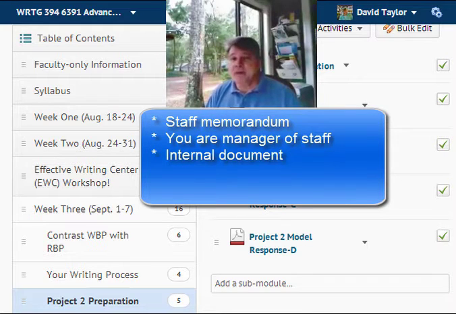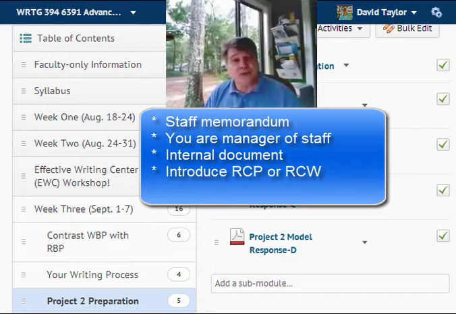You're going to write a memo to the members of your staff, either real or fictitious. In this memo, you're going to introduce a new way of writing for your department, for your staff. And that new way of writing is called reader-centered prose, or reader-centered writing.